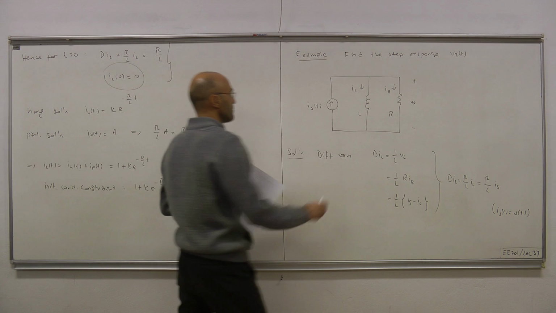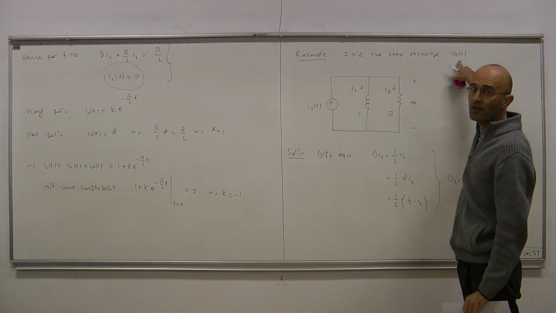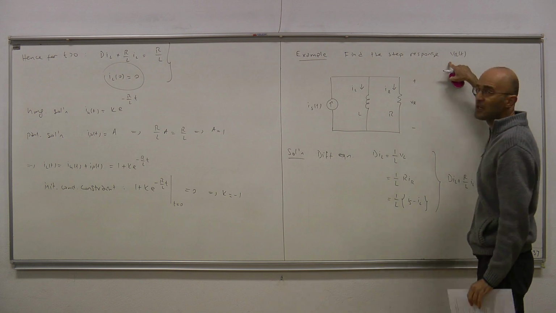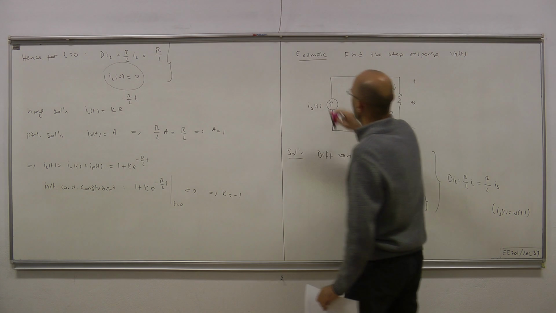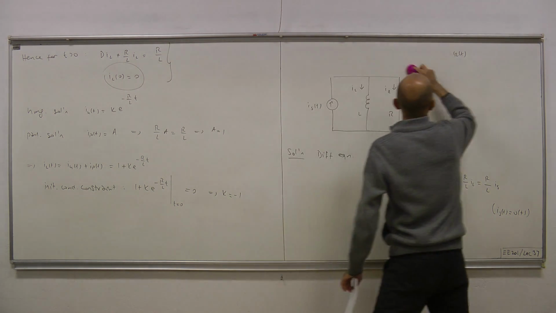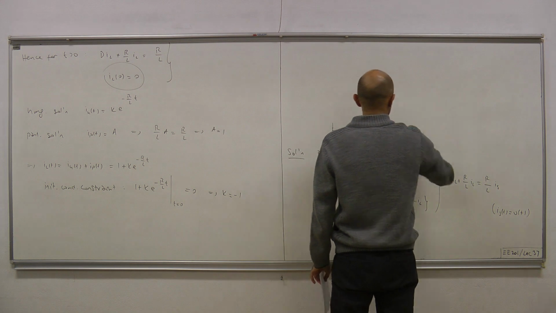So we figured out IL(t), and that would be the step response for the inductor current. But we're not asked for the step response for the inductor current, we're asked for the step response for VR(t). And for that, starting from the inductor current, we have to figure out VR(t).